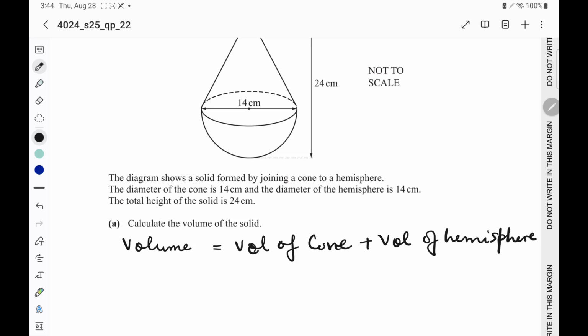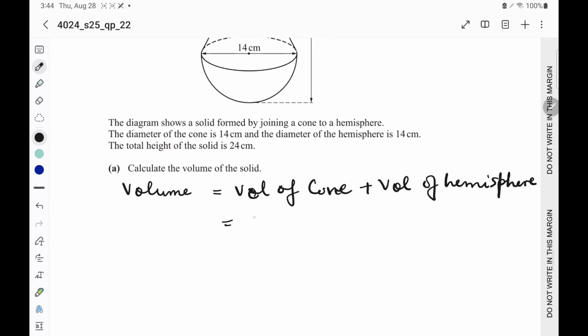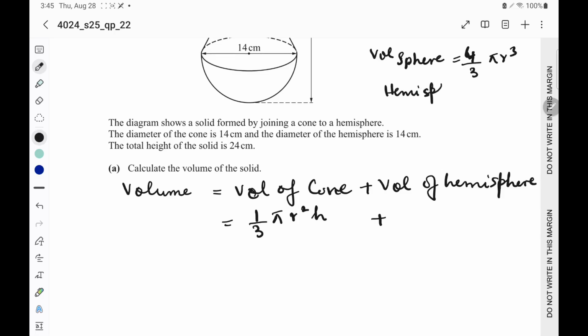Alright, so the volume of the cone formula is 1 over 3 pi r square h, and the volume of the hemisphere is half of 4 over 3 pi r cube, because 4 over 3 pi r cube is the volume for the sphere, and the hemisphere volume will become half of it. So half of 4 over 3 pi r cube is 2 over 3 pi r cube.